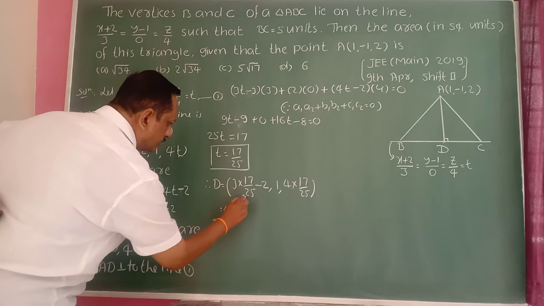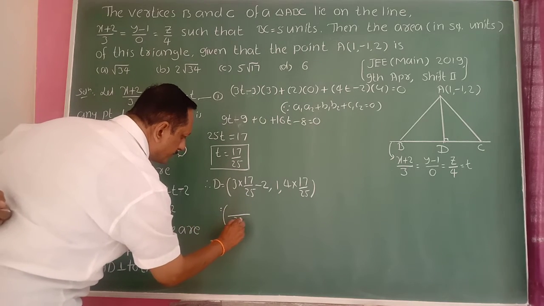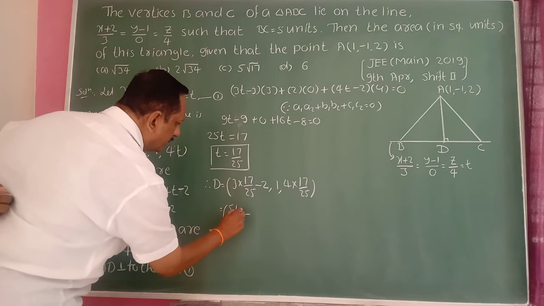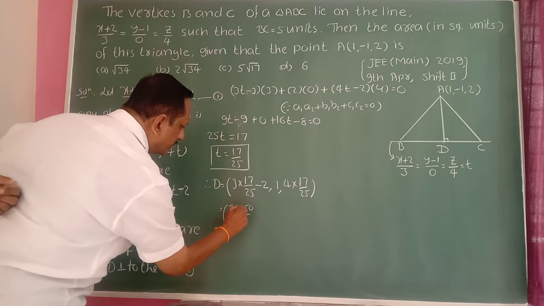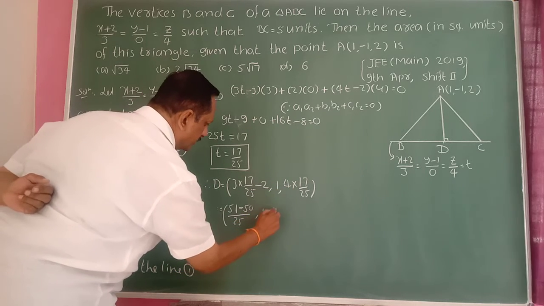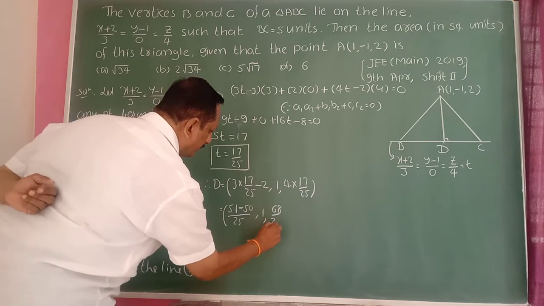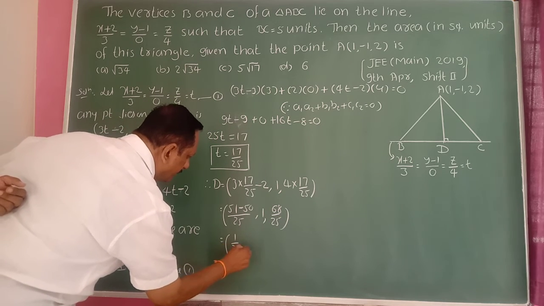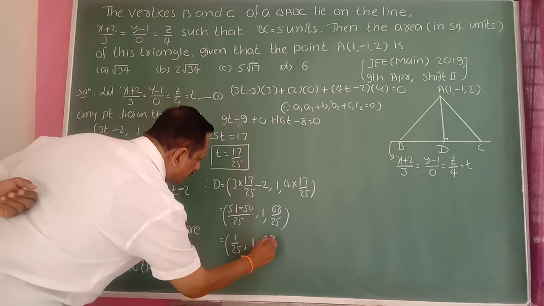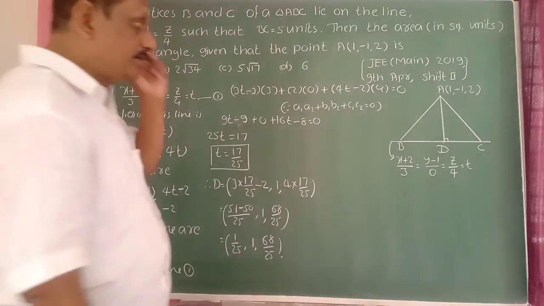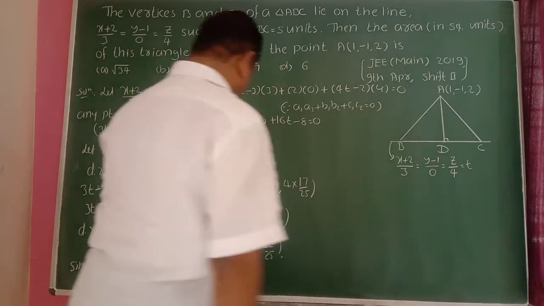Taking 25 as the LCM, 17 into 3 is 51 minus 50, so 1 divided by 25, then 1, and 17 into 4 is 68, divided by 25. This is the coordinate of the point D.